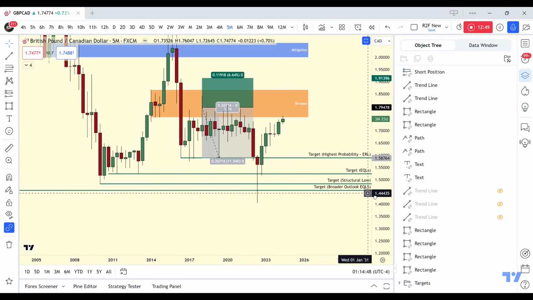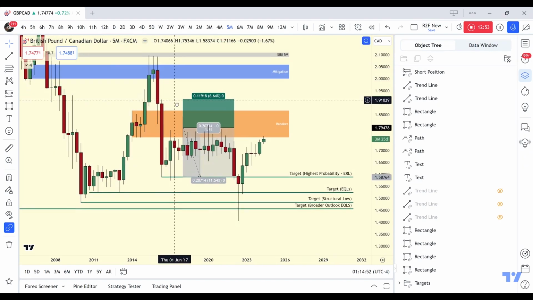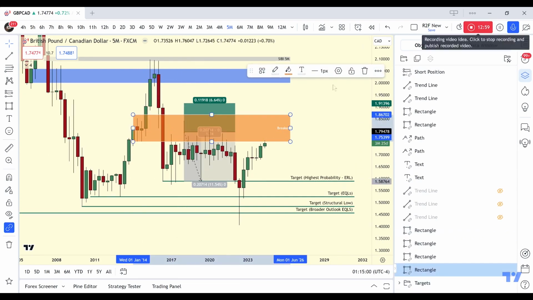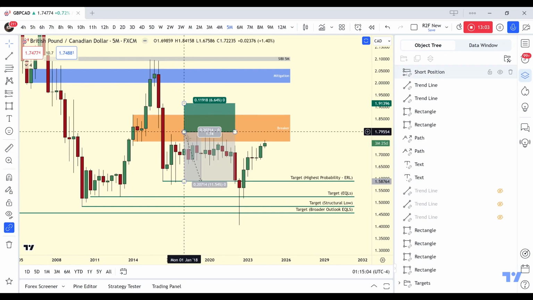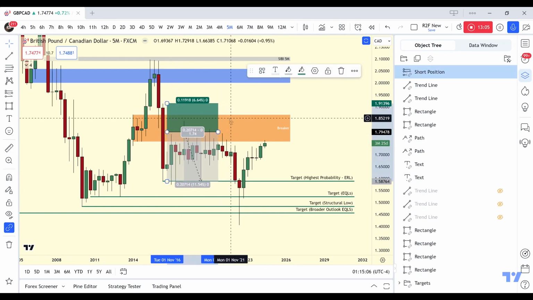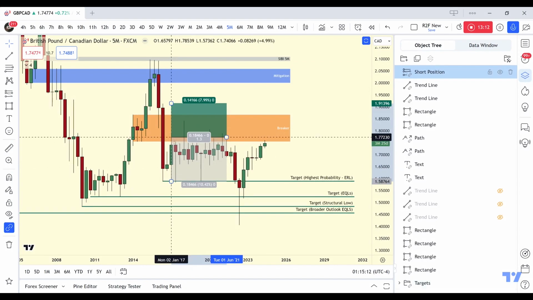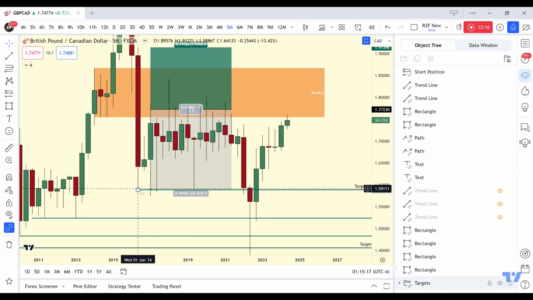The highest probability target would be the external range liquidity. So you see this entire range here. Price trades into it, fills in an imbalance, and then trades lower. If you took this candle, you can target this low.